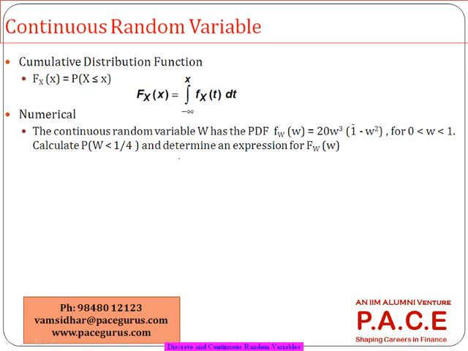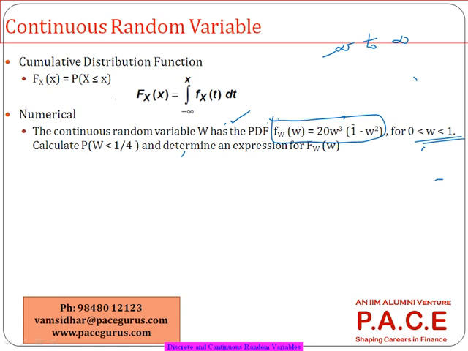Now let's look at one example, so probably once we do one, it becomes slightly comfortable for you. See, the continuous random variable, let's say this is the probability function. It is given as 20 into w cube into 1 minus w square. And the range, instead of minus infinity to plus infinity, they have simplified it, saying that it lies between 0 and 1 itself.